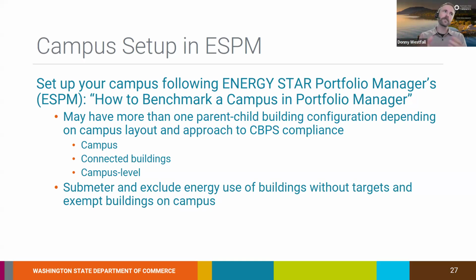So it might account for some buildings on a college university campus that aren't necessarily connected to that district energy system, but are part of that compliance with the Clean Building Standard. Buildings without targets or individual exempt buildings that are part of the campus must be excluded from benchmarking and the campus EUI calculations.